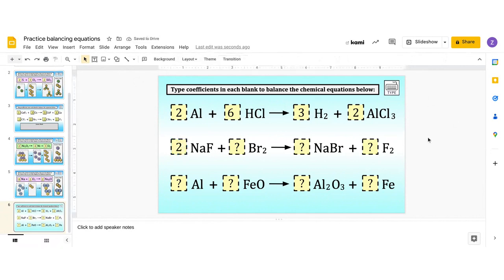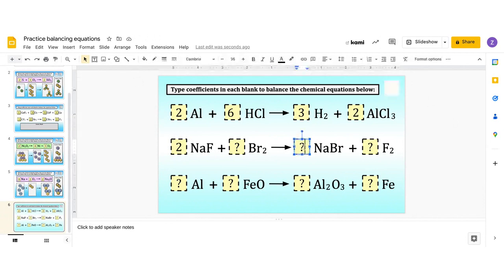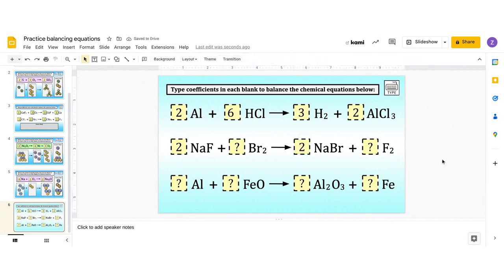Okay, so now that throws off our NAs, right? So we want to change the NA on the product side to what number to make that 2? 2. Right. Make that a 2. And that helps because notice the Br2 is already there.